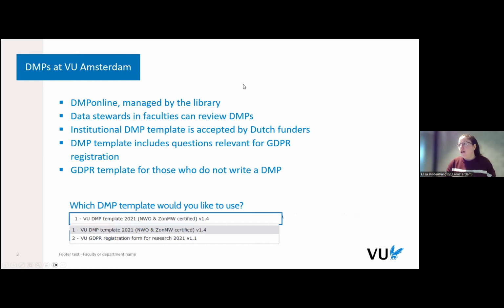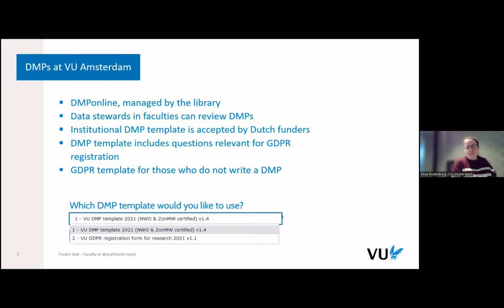About those DMPs, we use DMP Online indeed, and this is managed by the library. We manage the templates. We make sure that the thing works, that the templates have the right questions, that bugs are reported, etc. We review DMPs, but we also have data stewards in faculties who can review DMPs, and they have those rights in DMP Online to see the DMPs.